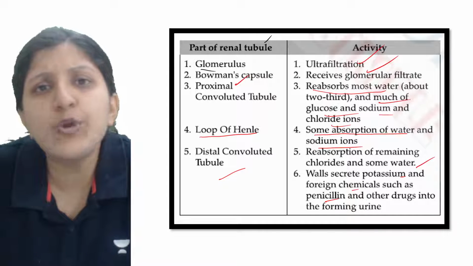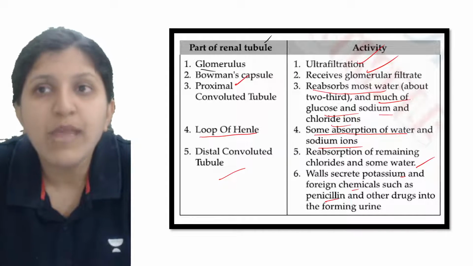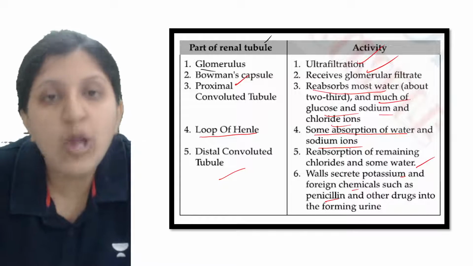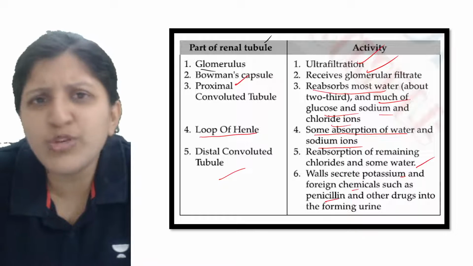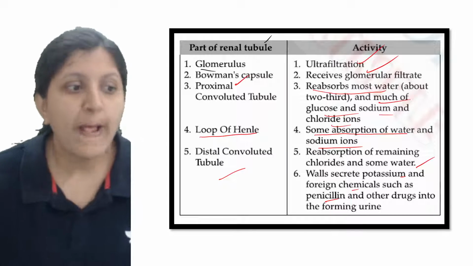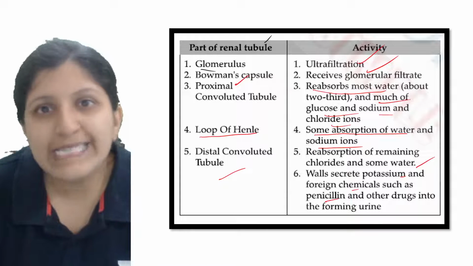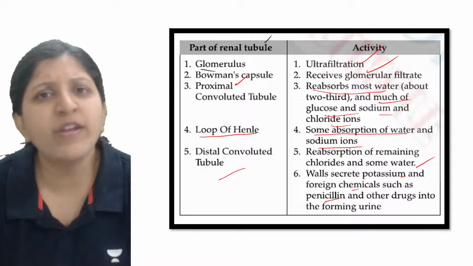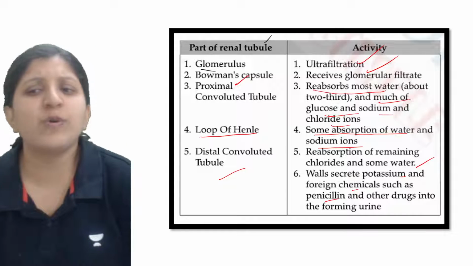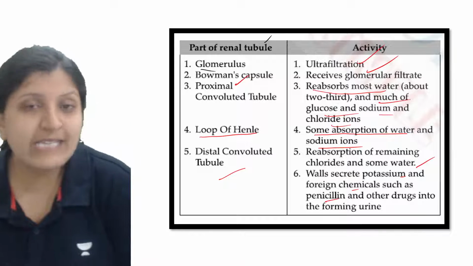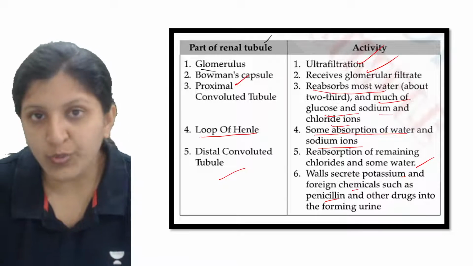Let's say urine is being formed. While the glomerular filtrate is being processed, selective reabsorption is occurring. Now, any excess amount of drugs, say you are on a particular medicine, is secreted by the DCT into the forming urine.